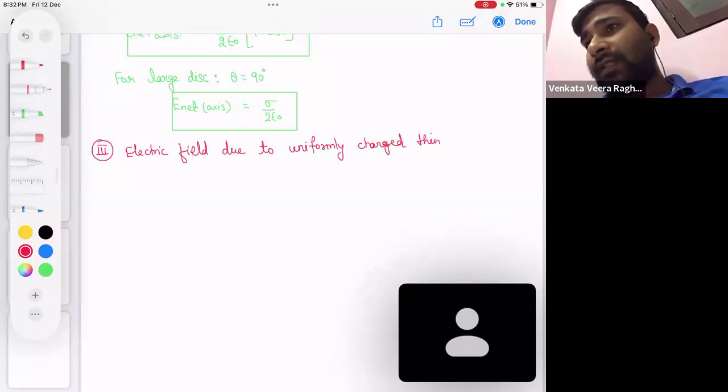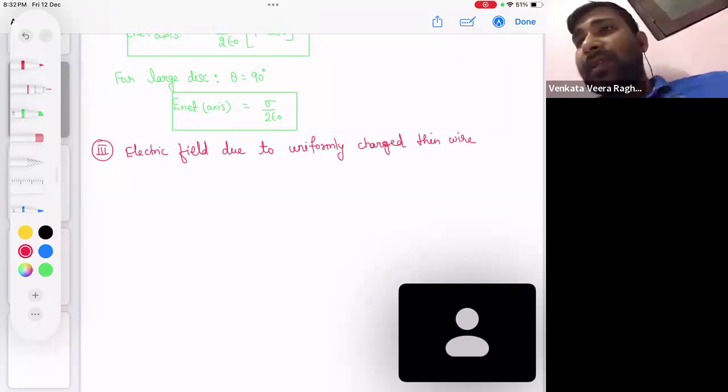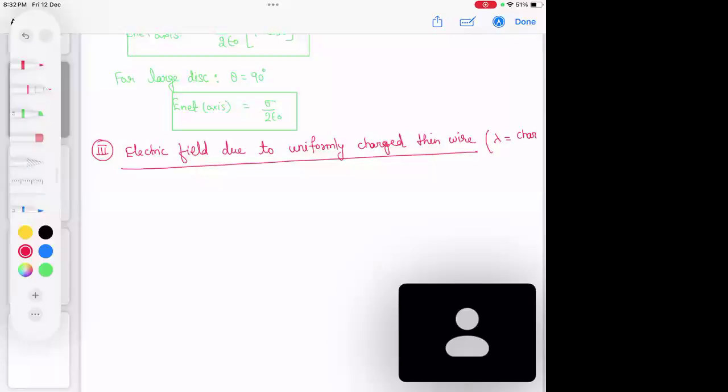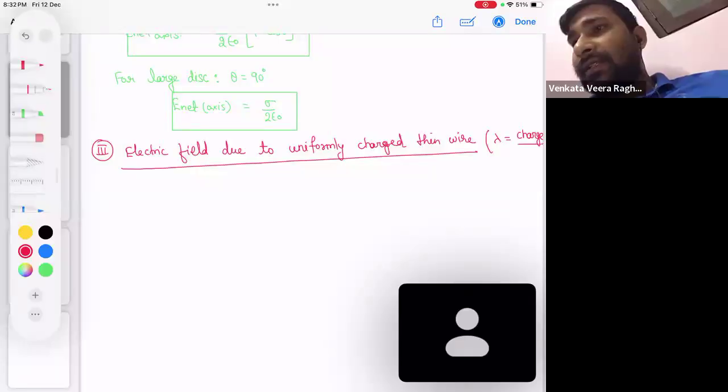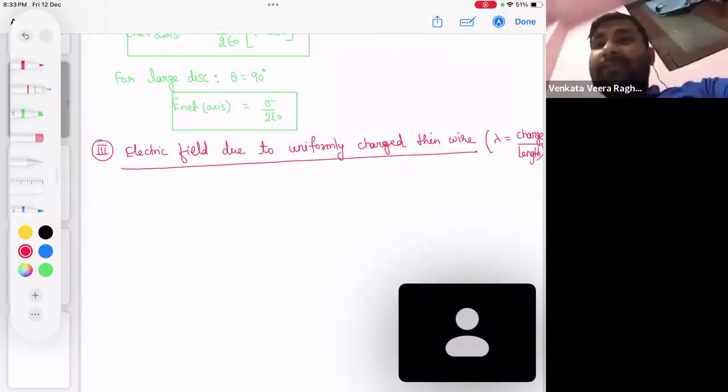Sometimes they will use the word thin rod. Now tell me, what kind of charge distribution will take place here, linear or surface? Linear. Lambda, charge per unit length. The charge will be distributed on the length of the wire.